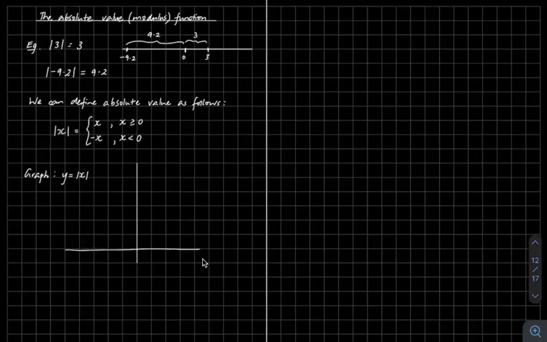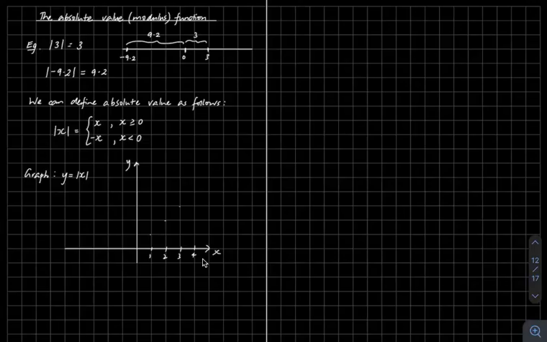Now, because the absolute value there is always going to be positive, on the positive side of the x-axis, for values like 1, 2, 3, 4, and so on, the absolute value of x is just equal to x.